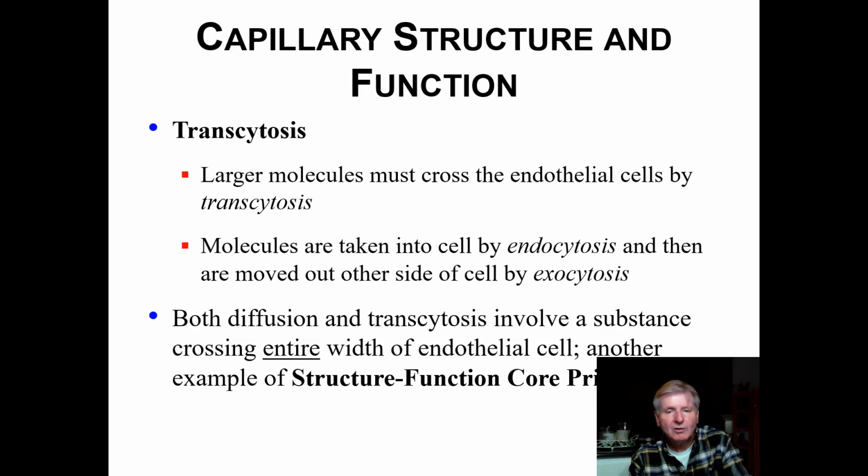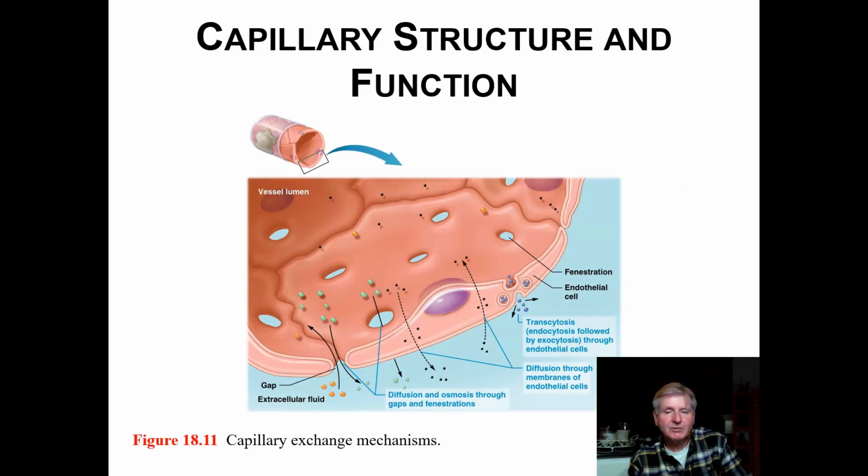And the molecules that are taken into the cell by endocytosis, then they're moved out the other side of the cell by exocytosis. But both processes, diffusion and transcytosis, those both involve a substance crossing the entire width of the endothelial cell. So those are your 3 mechanisms.